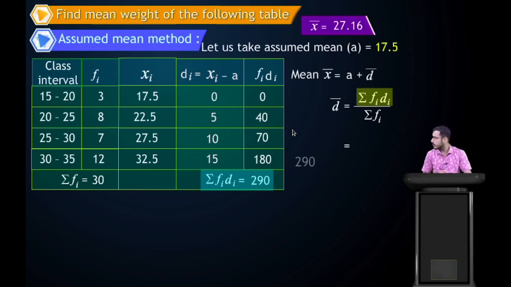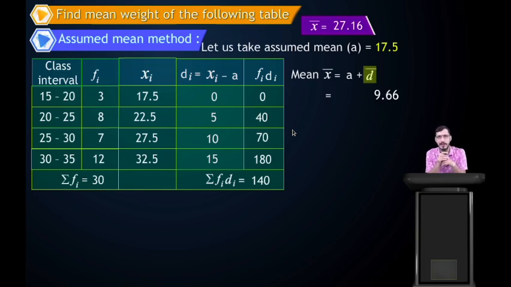So substitute these values, sigma fidi and sigma fi. 290 divided by 30. Now solve this. The answer is 9.66. So d bar is 9.66 here. Now substitute the value of d bar in x bar is equal to A plus d bar.